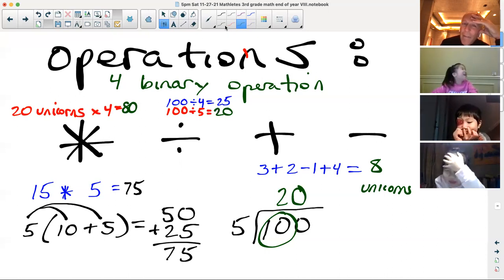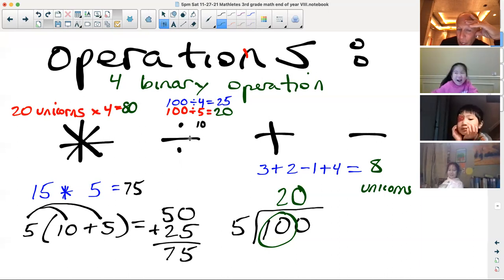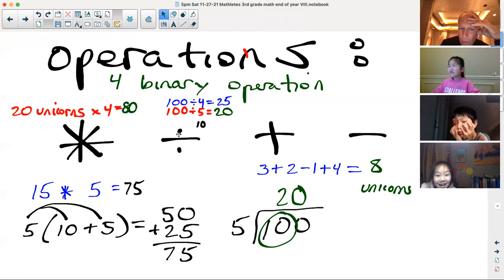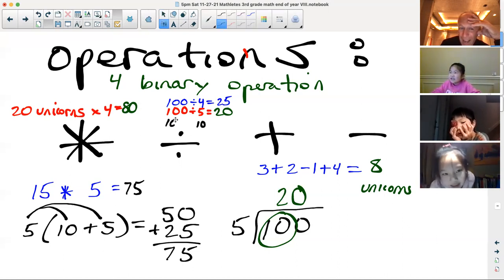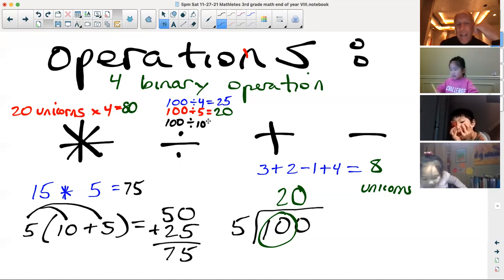So now we have 10 people that are going to share in the candy. Now, I don't know if you're okay with this, but we're going to have to divide 100 by what? 10. Yeah, now there are 10.